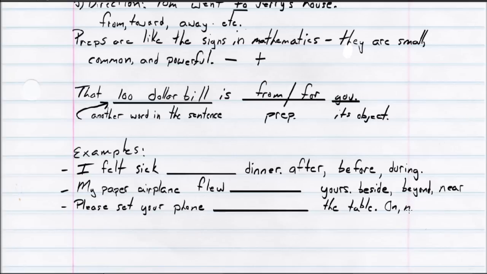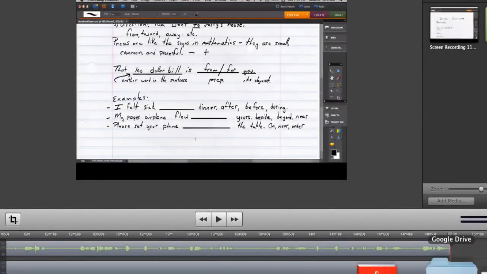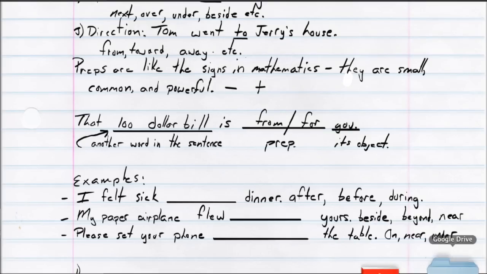I'll put down mine up here. I could say, please set your phone on the table, near the table, under the table, beside the table. All of those would be prepositions showing the relationship between the phone and the table. Okay.